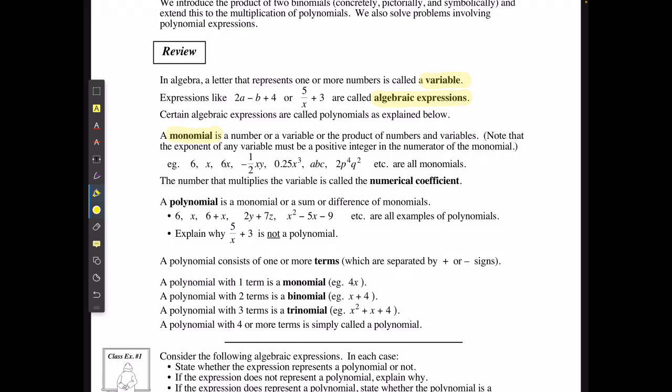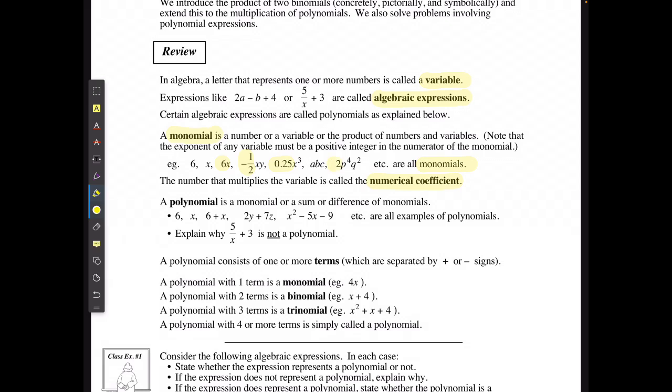For example, 6x, negative 1 over 2xy, 0.25x to the power of 3, abc, 2p to the 4, q to the 2 are all considered monomials. The number that multiplies the variable is called the numerical coefficient. So if I take a look here, I can see that I have a numerical coefficient of 6, of negative 1 over 2, of 0.25, and of 2.